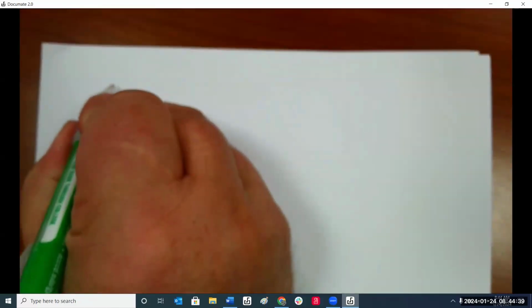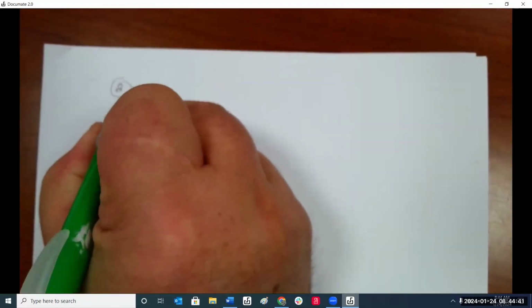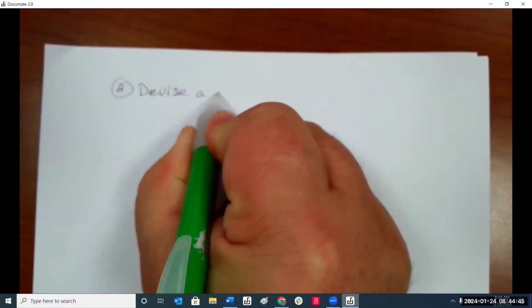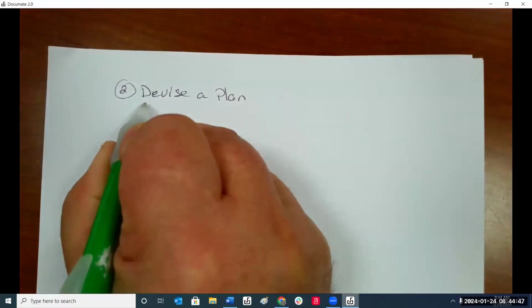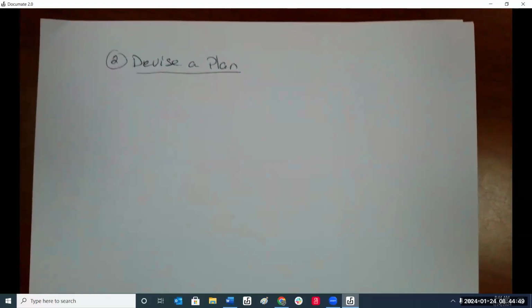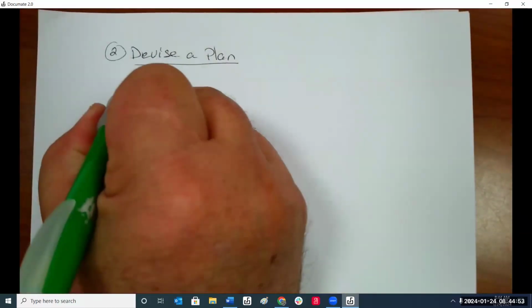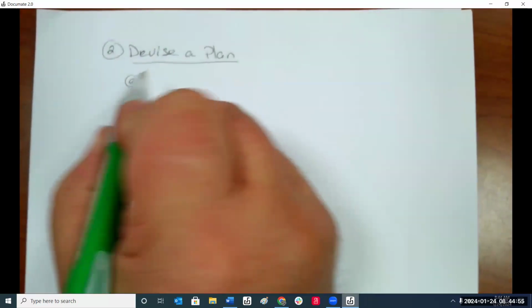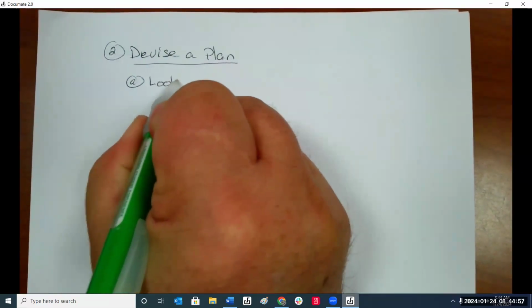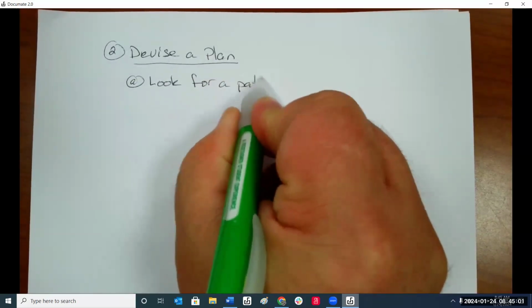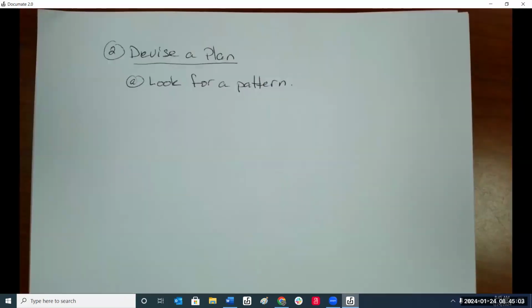Okay, step two. What was step two? Devise a plan. What does that include? Look for a pattern.